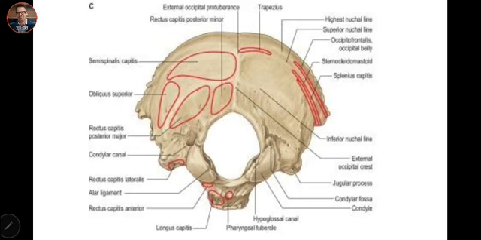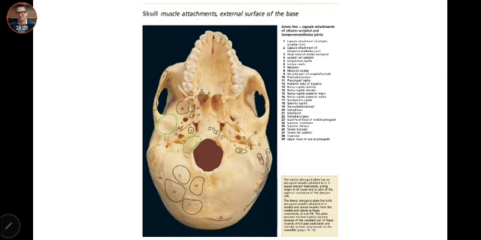See the pointer. This is the pharyngeal tubercle. This is the hypoglossal canal, also visible on this Norma Basalis. This is the hypoglossal canal. This is the inferior nuchal lines. So superior nuchal lines, inferior nuchal lines. So these are the various attachments in detail.